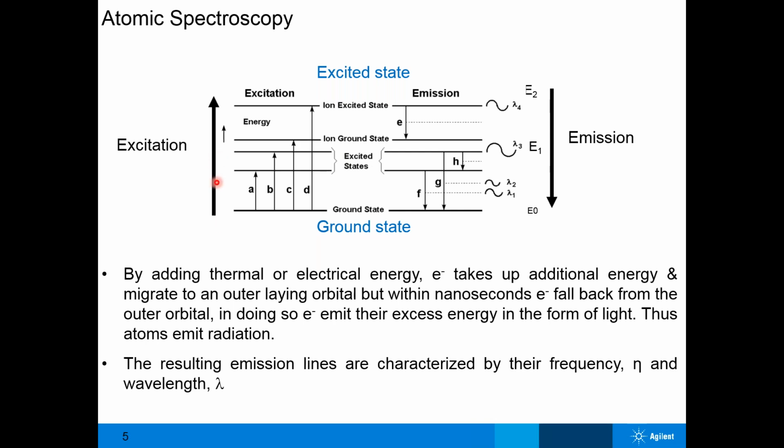But as nothing is stable in the excited state, these excited electrons start emitting energy and fall back to the ground state. In doing so, electrons emit their excess energy at different wavelengths, and this is called atoms emitting radiation. The resulting emission lines are characterized by their frequency and wavelength.